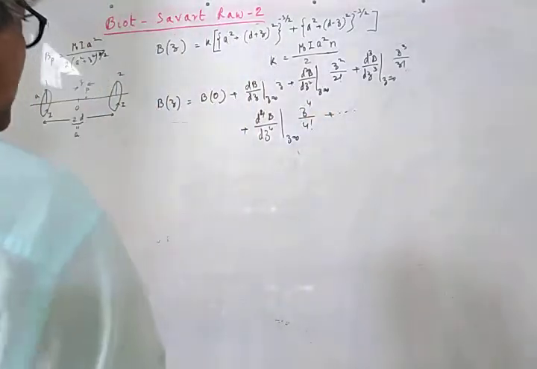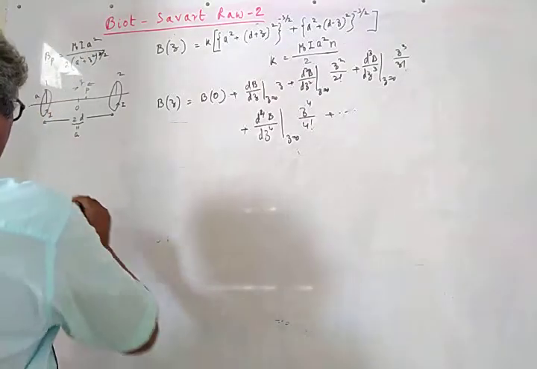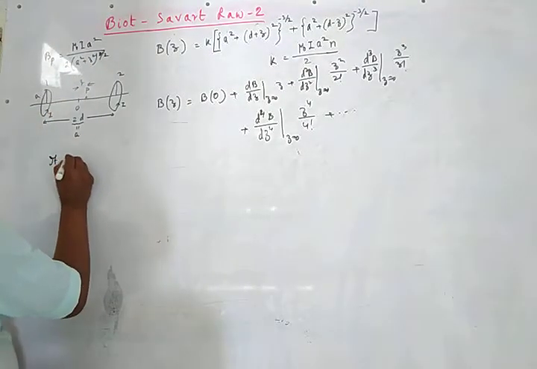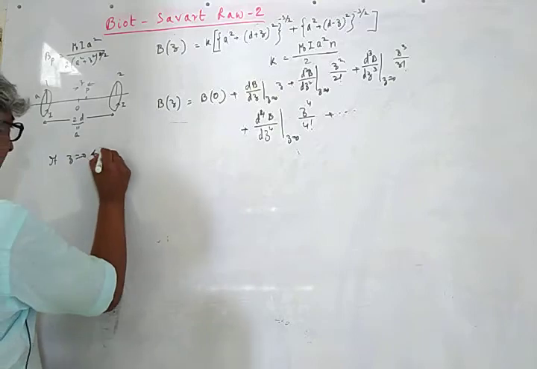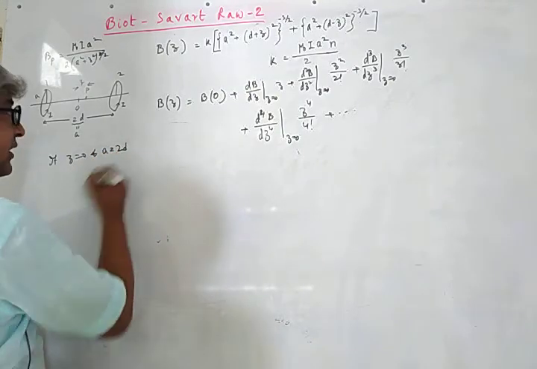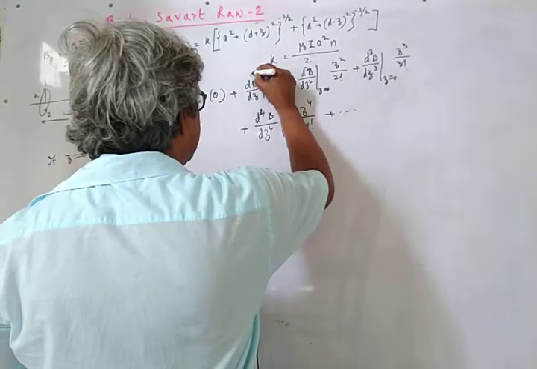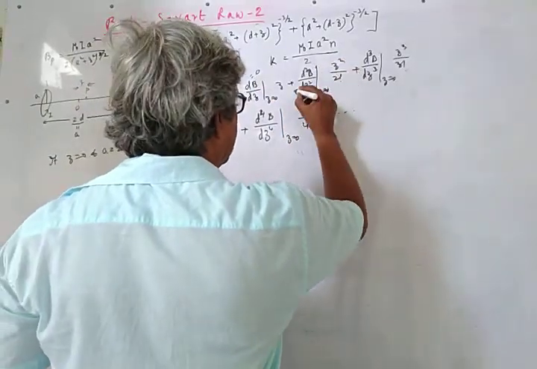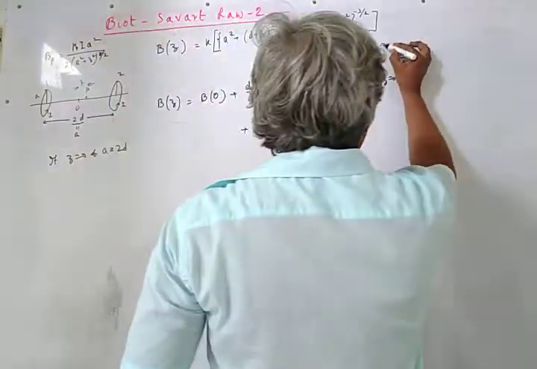If z is equal to 0 and a is equal to 2d, then this is 0, this is 0, this is 0.